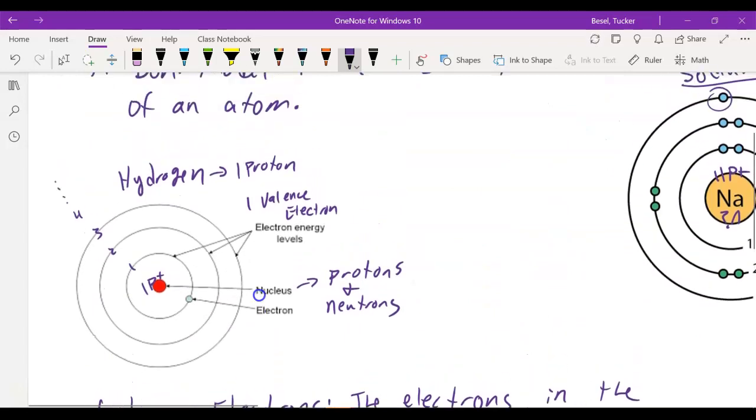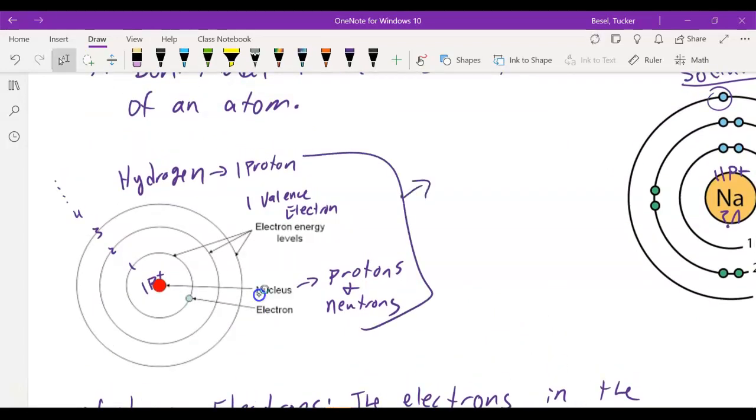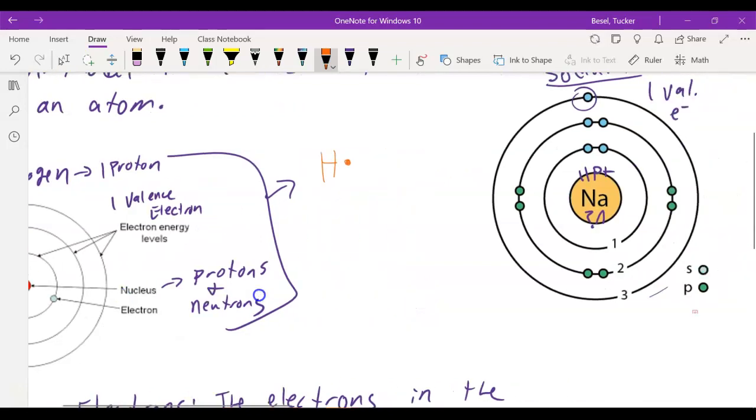Okay. And so for hydrogen, this whole thing right here, let's switch colors just to make it fancy. You're just going to write the element symbol, which is H, and then just a dot to represent the 1 valence electron for hydrogen.